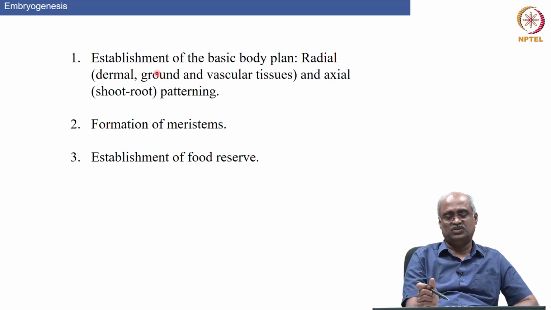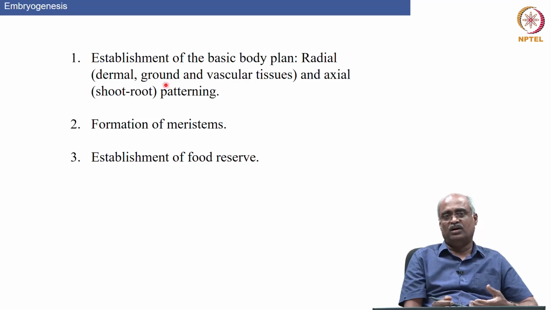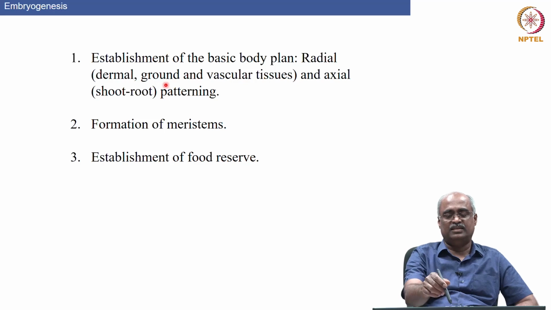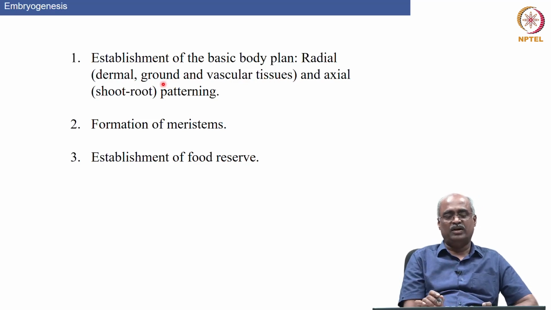Then the innermost, which is the vascular tissues. This forms the bulk of the stem or root, and then you have the xylem and phloem, the transporting cells, and that is the vascular tissue. These are three different kinds of embryonic cells that are originally set apart, something like the ectoderm, endoderm and mesoderm.